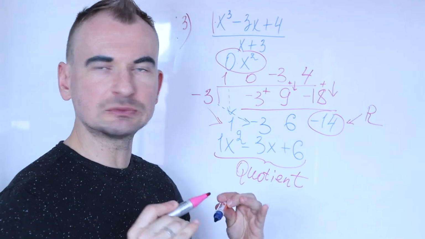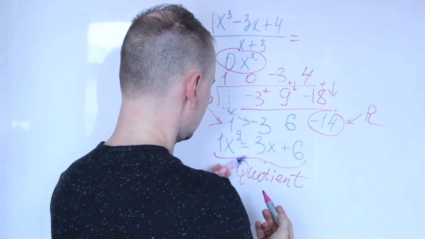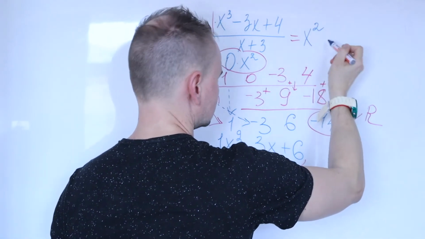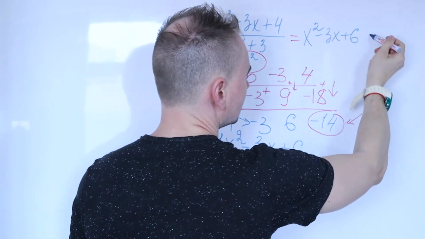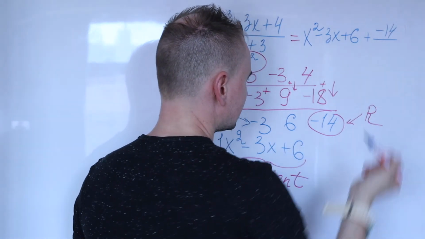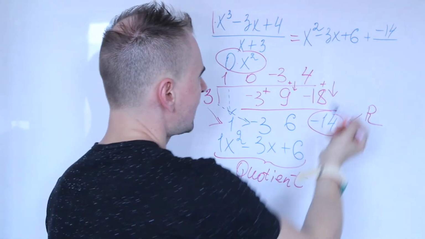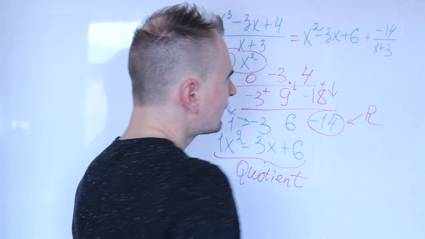Now I'm going to write out my answer. So it becomes my quotient, and the remainder goes on top, and my divisor is x plus 3.